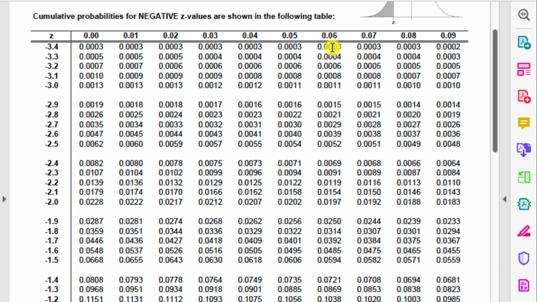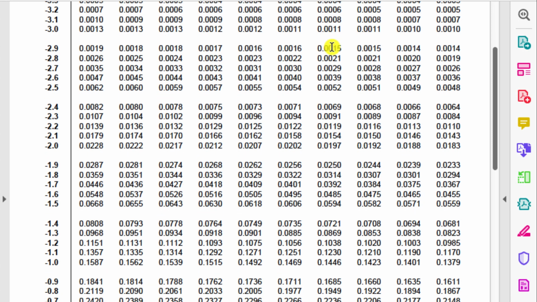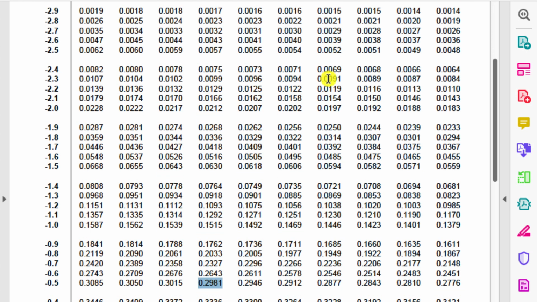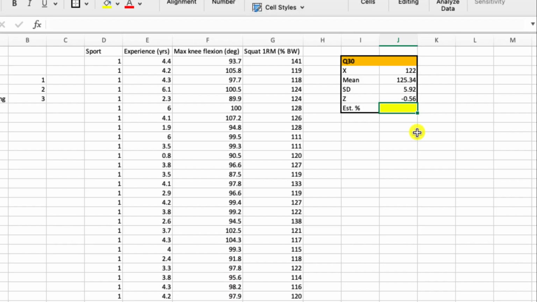So here's my 0.06 column, and I'm at negative 0.56. So the probability is 0.2877 or 28.77%. And that would be the answer for that question.